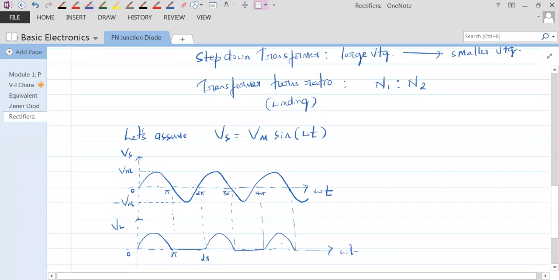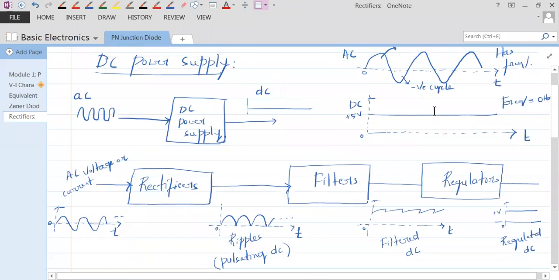Though it is not a pure DC, what is the advantage that we have here with this particular signal? Anybody? What is it that we are able to achieve with rectifiers? What we have achieved is we have removed the negative signal here, because here your DC is all positive, right?